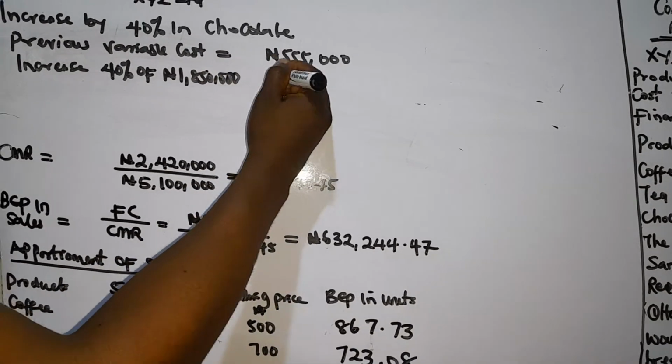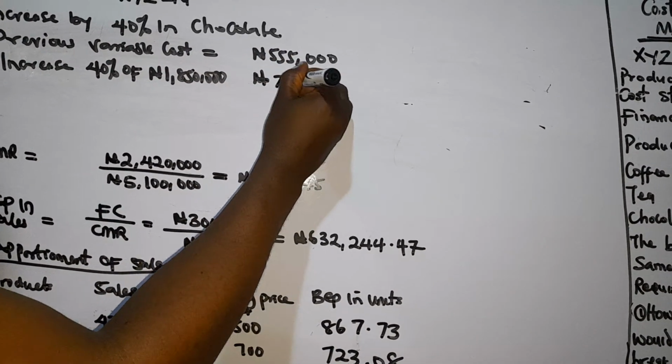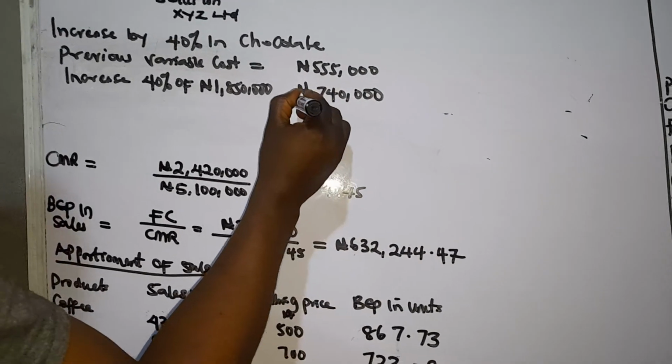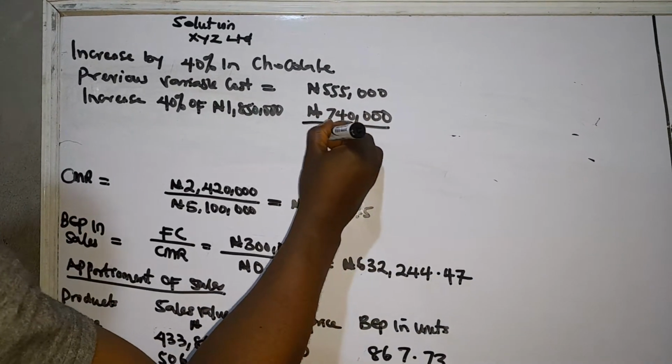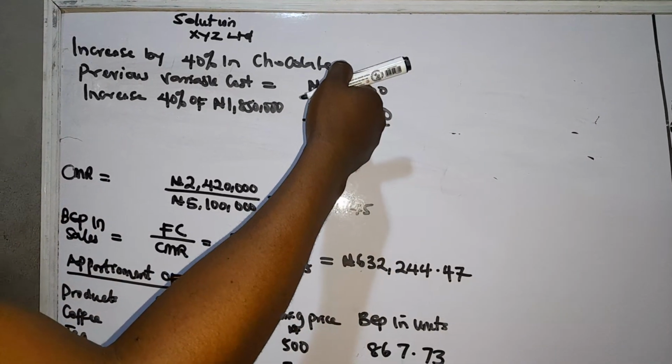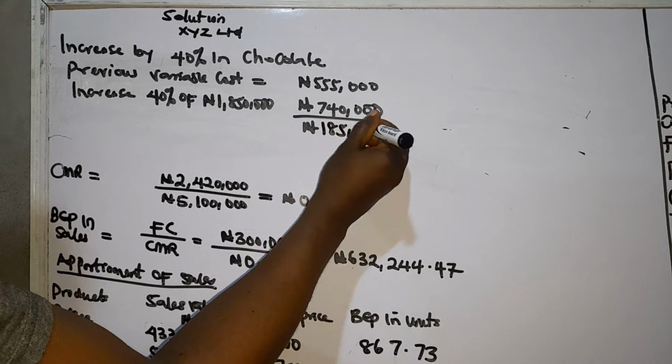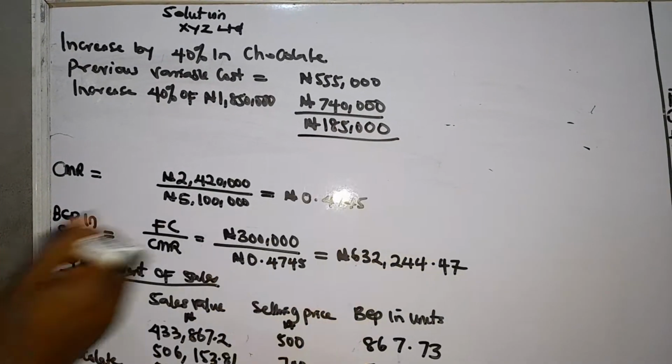So that will now give us 740,000. So now look at the increase. 740,000 minus 555,000 gives us 185,000. So this is the increase now.